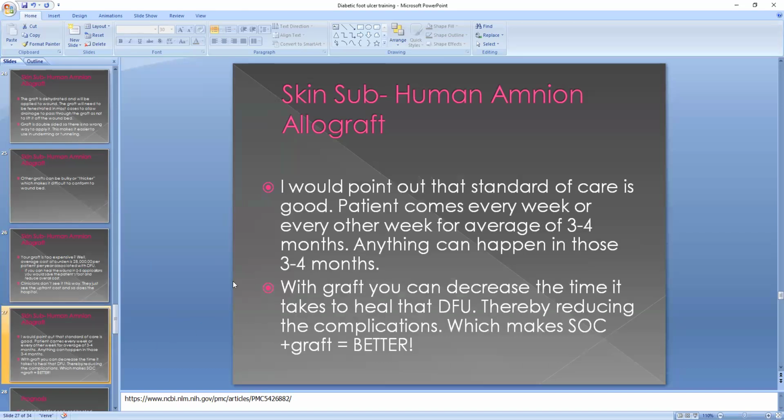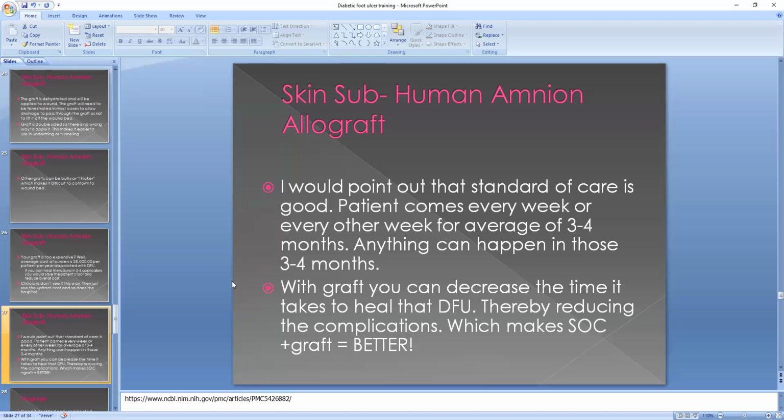And so let's talk about the standard of care, right? Standard of care is good. The patient comes every week, and this is where I'm coming back to that average visit. Over 3 to 4 months, anything can happen, right? Infection invariably can happen. The wound deteriorates because they have to get dragged out of the house and find transportation.